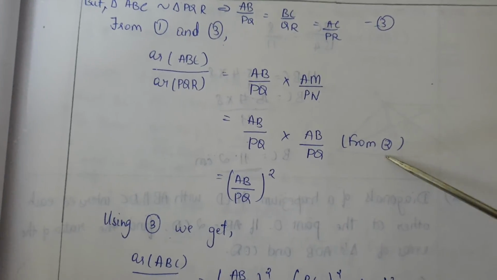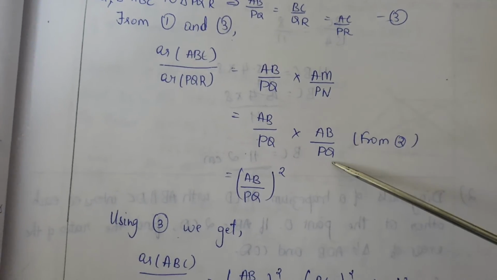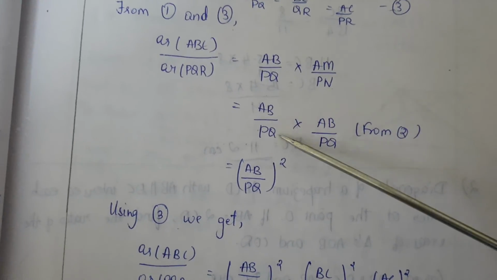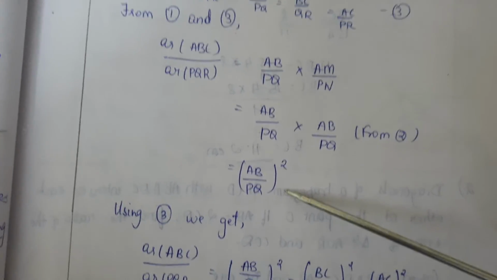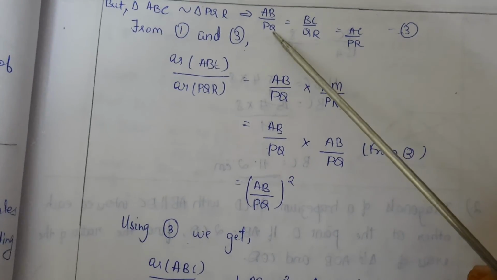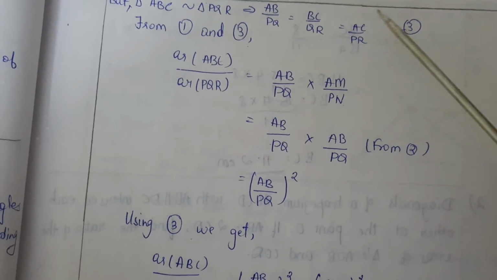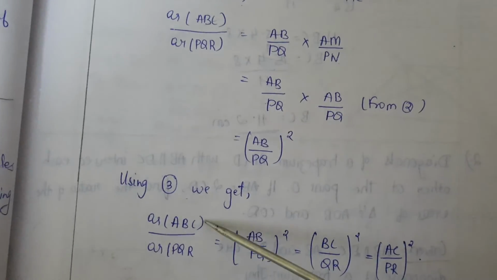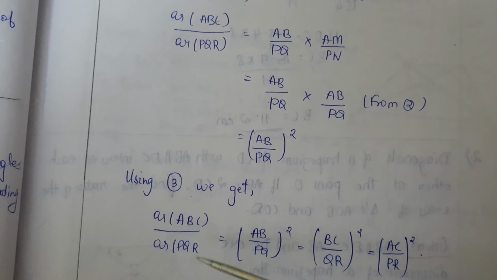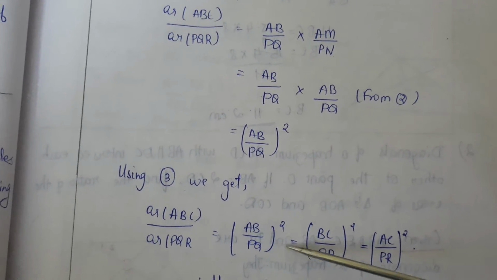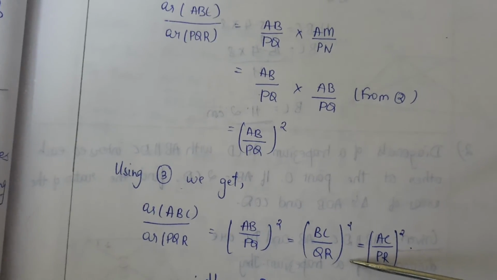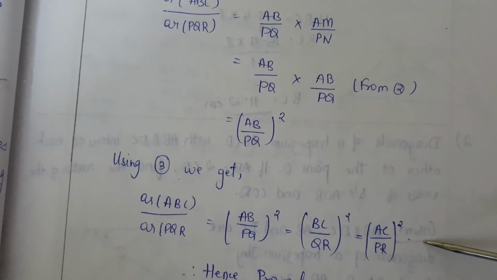Now from 2 we know AM by PN is equal to AB by PQ. So AB by PQ into AB by PQ, that is AB by PQ the whole square. Now using 3, we know AB by PQ is equal to BC by QR is equal to AC by PR. So with that we get area of ABC by area of PQR is equal to AB by PQ the whole square equal to BC by QR the whole square equal to AC by PR the whole square.